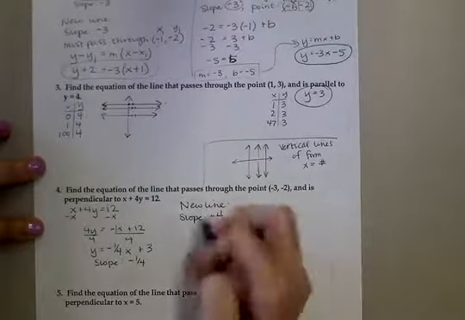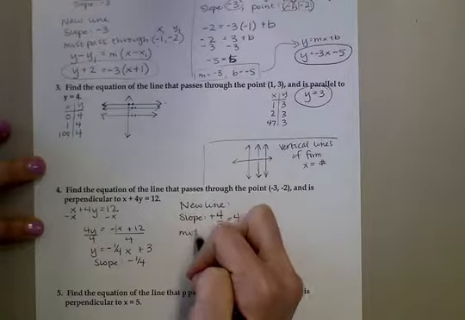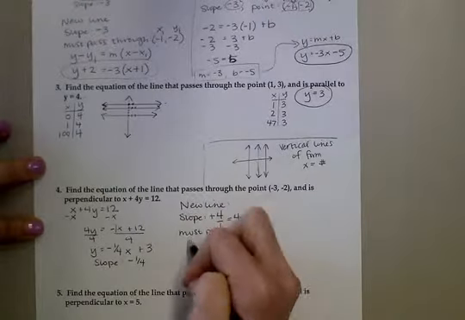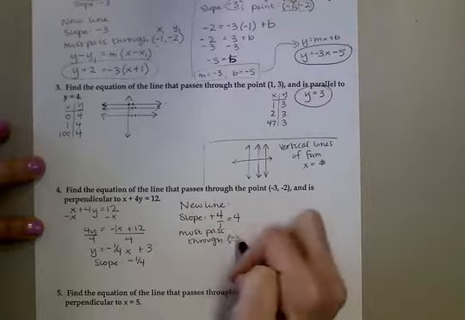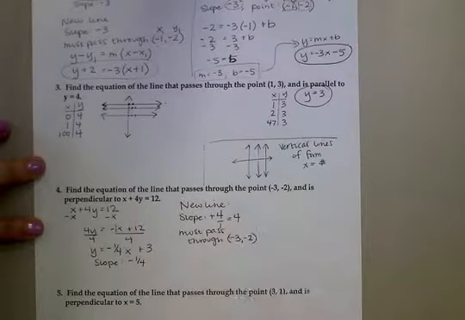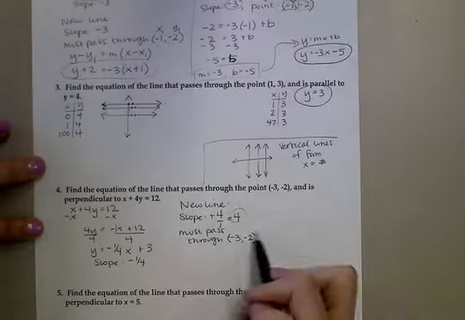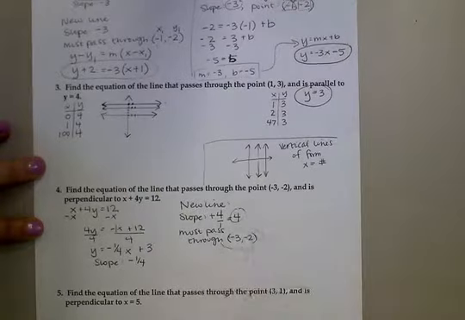We want it to go through the point -3, -2.